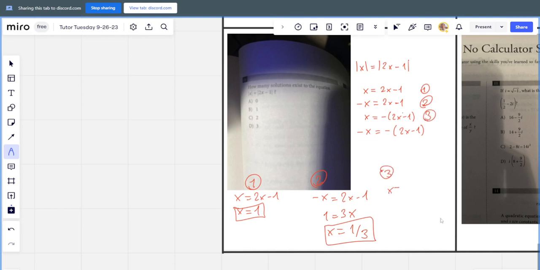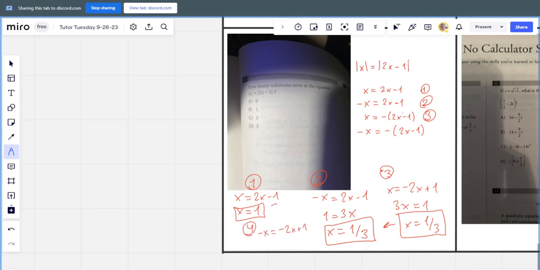For case 3, we have x equals negative 2x plus 1. I just distributed the negative. We can add 2x to both sides to get 3x equals 1 and divide to get x equals 1/3. Well, that's just the same thing as this one, so it's not a distinct solution. And the fourth one, if I have space, I'm going to do it down here. Negative x equals negative 2x plus 1.